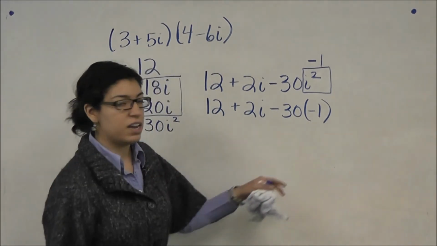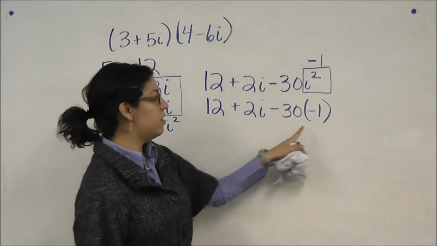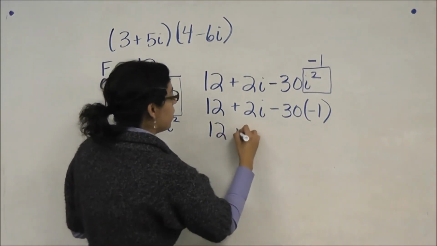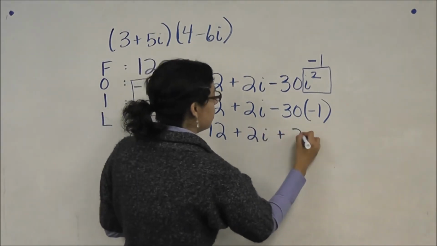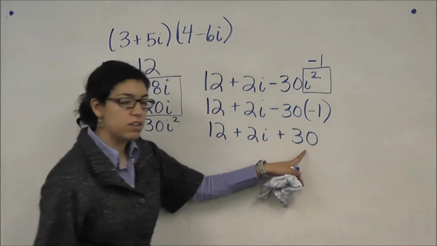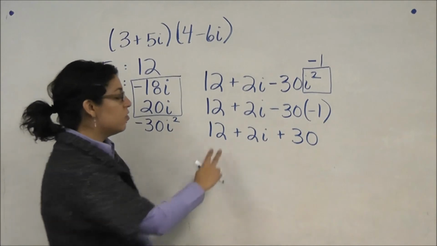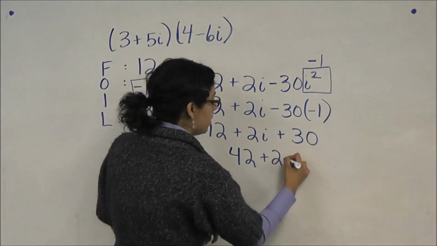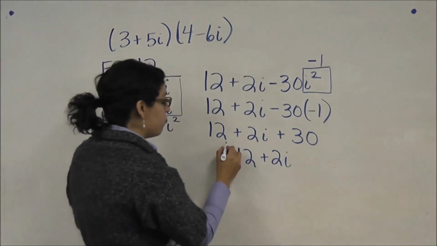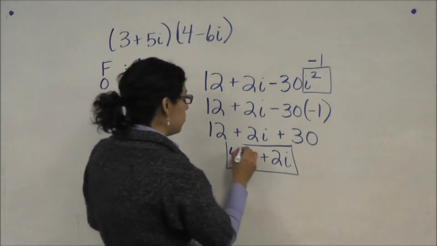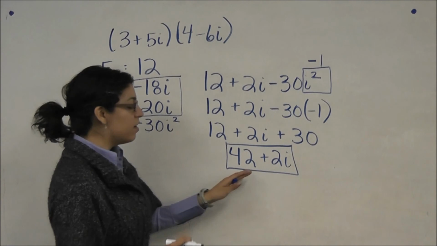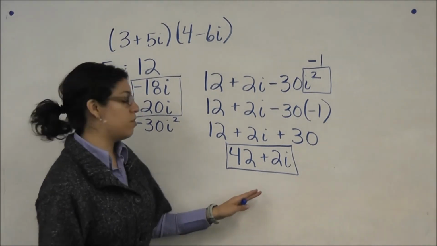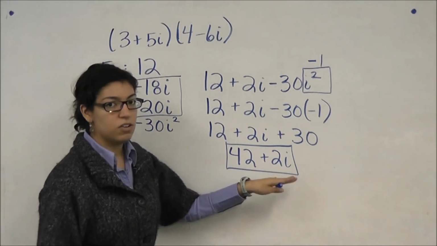I substituted in a -1 where the i squared had been. 12 plus 2i plus 30, and now we've got a new real number here. 12 and 30 combined to be 42. Bring down the +2i, and our result from multiplying two complex numbers together ended up being another complex number, 42 plus 2i.